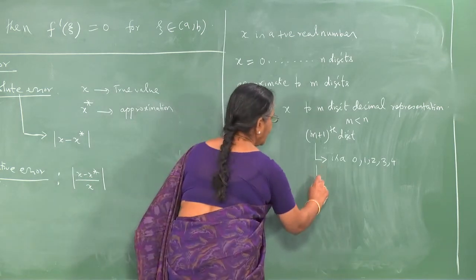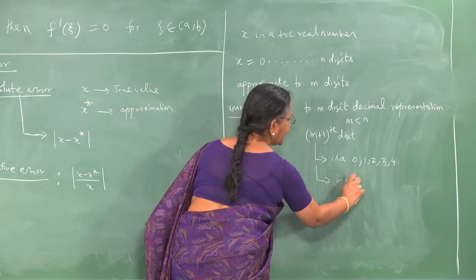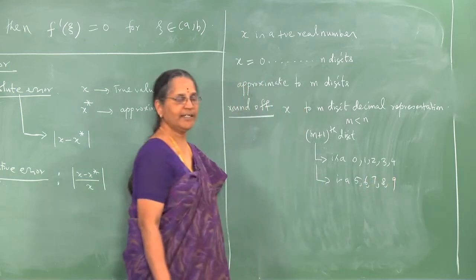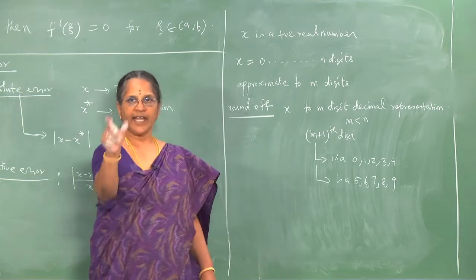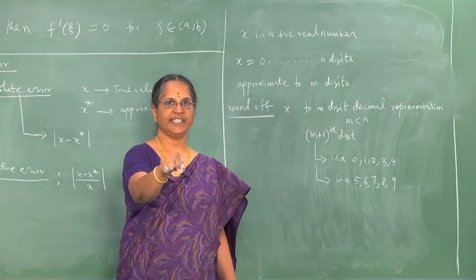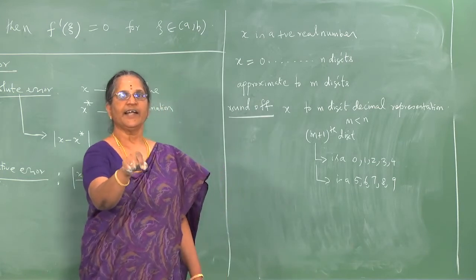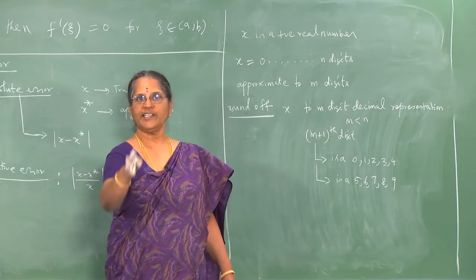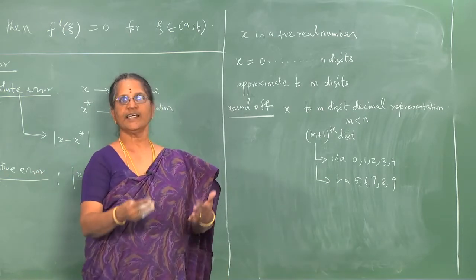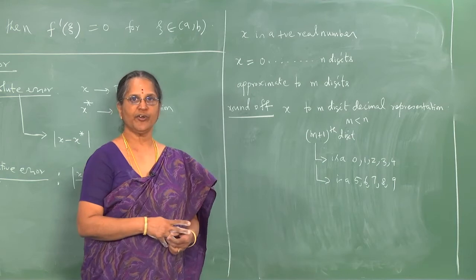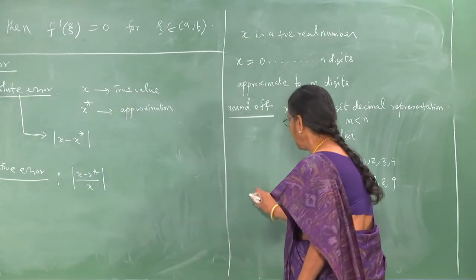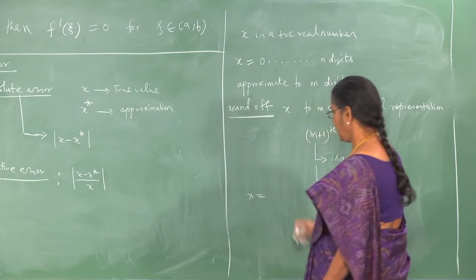On the other hand, if the digit is a 5, 6, 7, 8 or 9, then I add 1 unit to the mth digit and discard all the digits beyond the m digits. The resulting number that I get, I denote it as x star. So, let us take an example and illustrate.